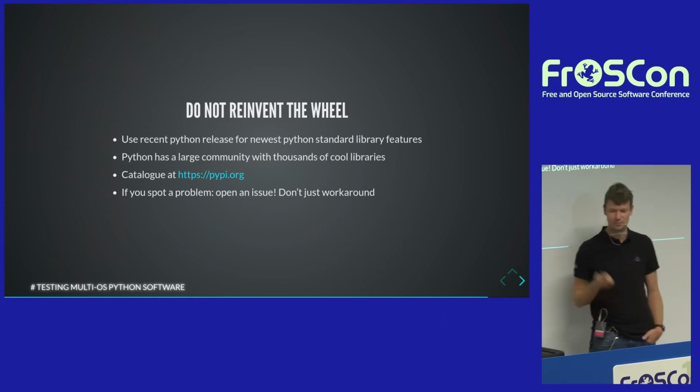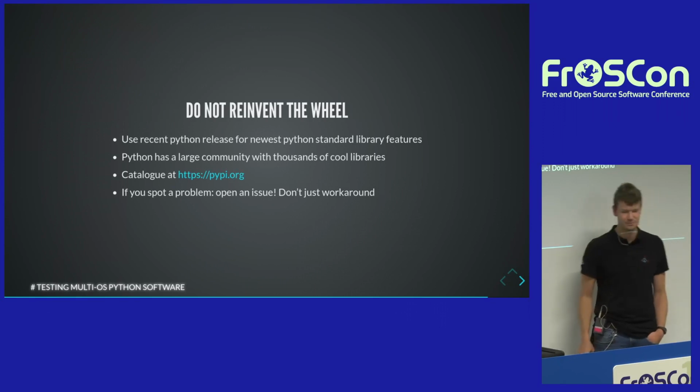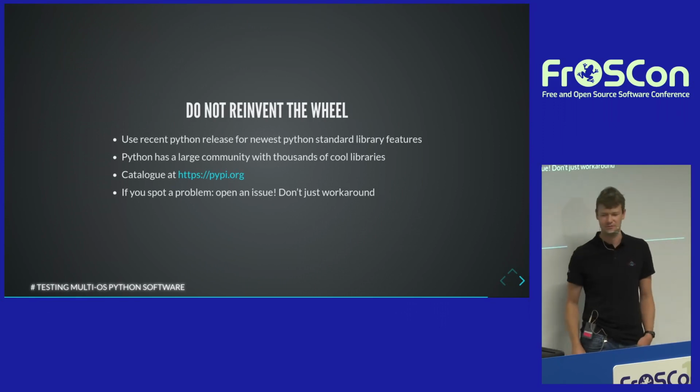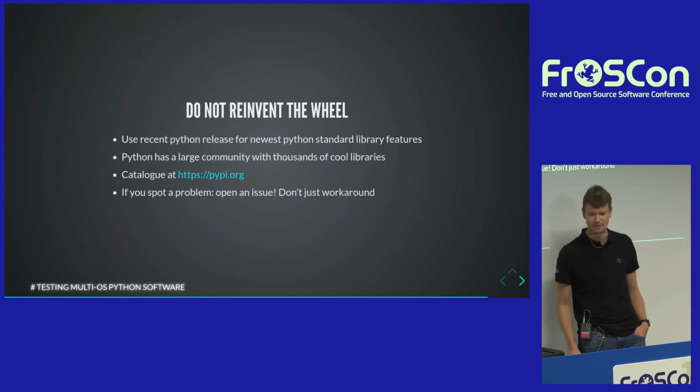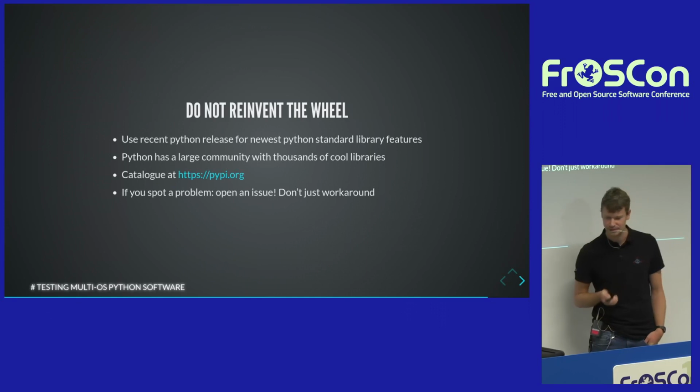Report the problem, open an issue. Usually they have a GitHub, GitLab, Bitbucket, whatever page where you can report what you found. And usually the developers are very glad if you do so, and are happy to fix the thing. So please do that.